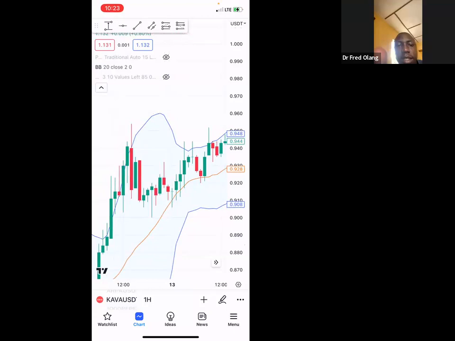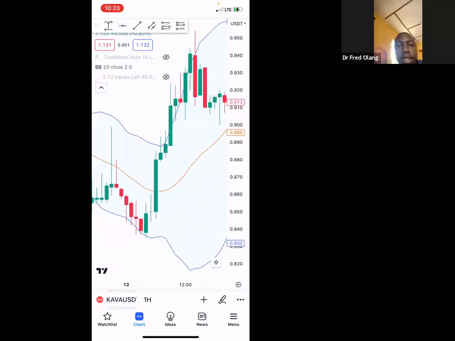So these blue lines, this one shows us a 2 standard deviation away from the moving average. Then this one, the lower line, shows us a 2 standard deviation. It's not a percentage, but a 2 standard deviation from the moving average.